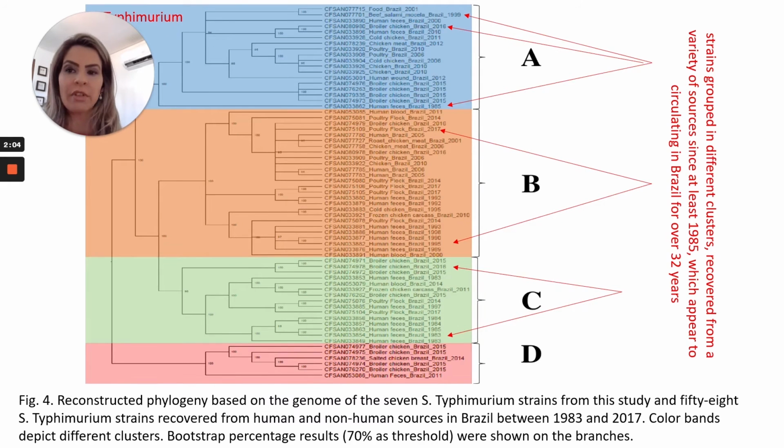And finally, for Salmonella Typhimurium, we observed a higher diversity, and our strains grouped in 3 different clusters with strains isolated in the country from poultry samples, suggesting that these strains were circulating in the country for more than 30 years, grouping with strains isolated, for example, since 1985.